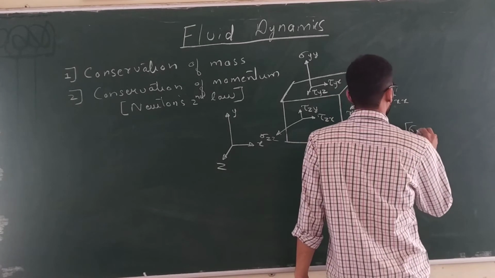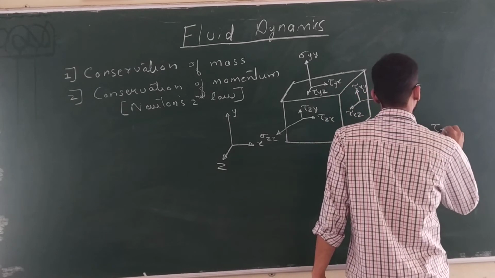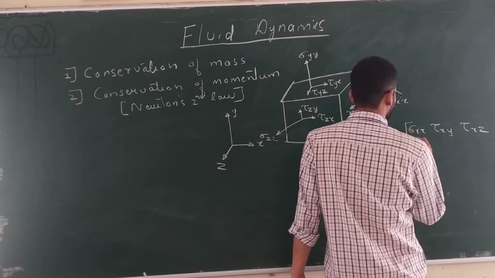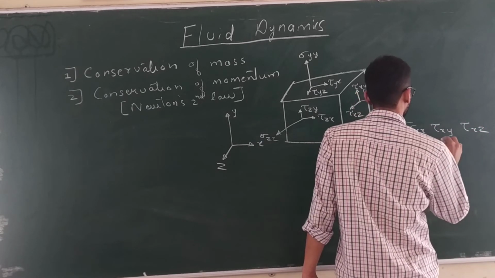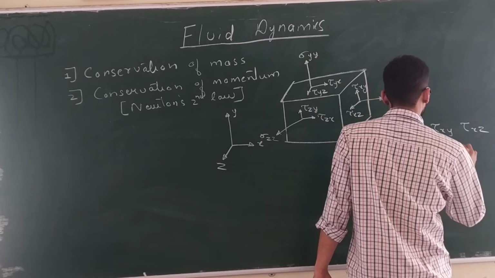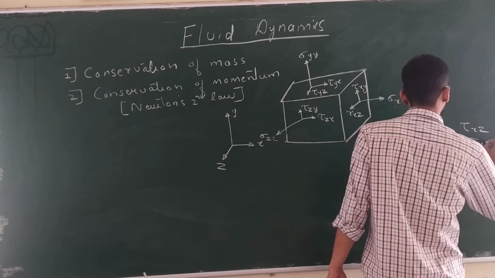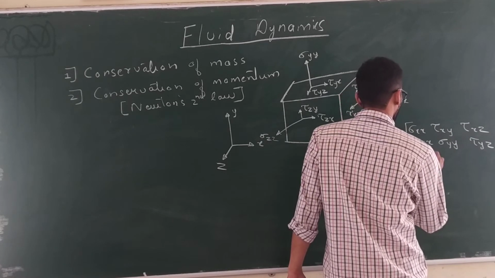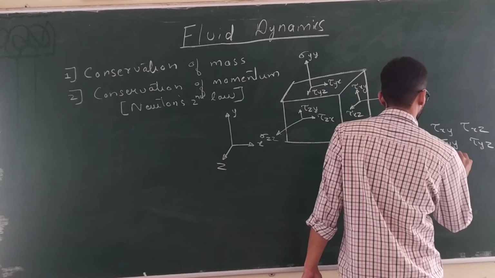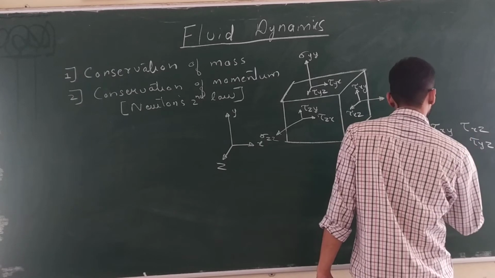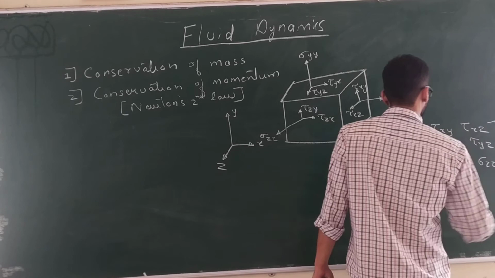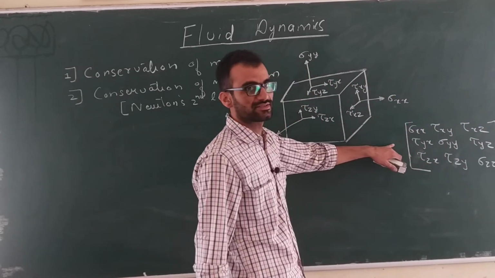This is sigma xx, tau xy, tau xz. This is tau yx, sigma yy, tau yz. Again we have tau zx, tau zy and sigma zz. In this way you can represent the stress tensor.